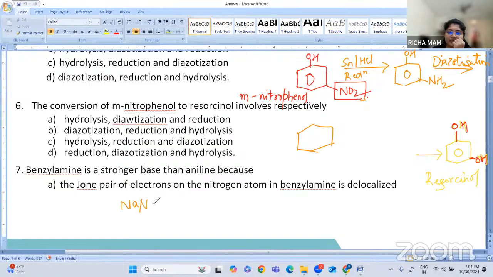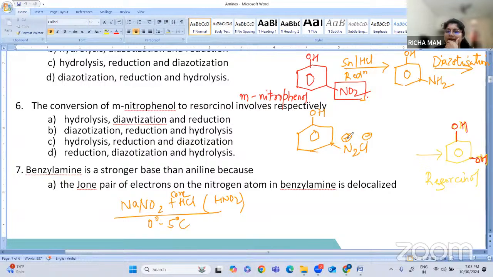NaNO2 in the presence of concentrated HCl at 0 to 5 degrees Celsius. Nitrous acid is generated with the help of NaNO2 plus concentrated HCl. After diazotization, I get OH again here, and N2 plus Cl minus, that is N2Cl.